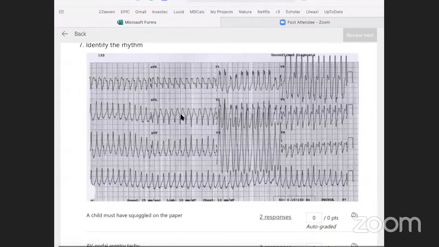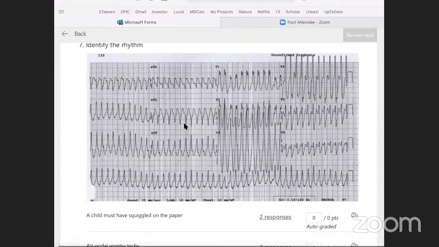And so I know that the AV node is the gatekeeper and the protector of the ventricles, and anything that's coming from a supraventricular area would be filtered through the AV node, and the AV node would not let it fire off faster than 150 to 200 beats.